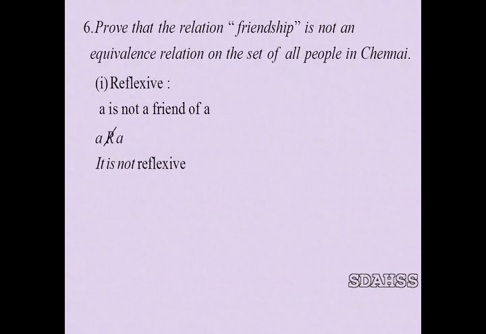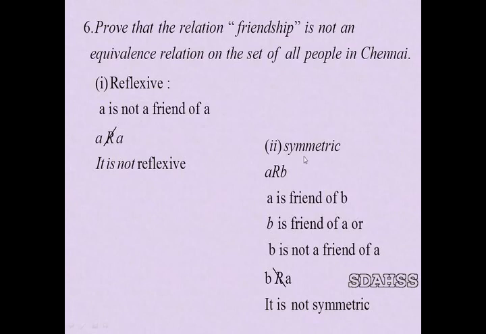First let us take reflexive. What do you mean by reflexive? Reflexive means a is related to a. Here a is not a friend of a. For example, Abhi is not a friend of herself. So a is not related to a. It is not reflexive.